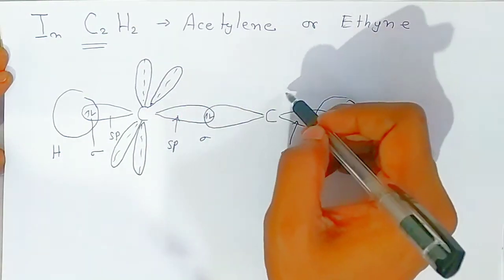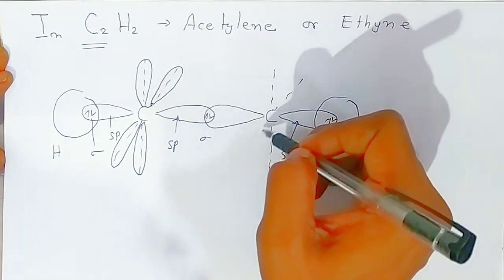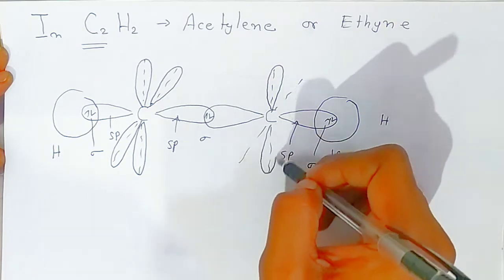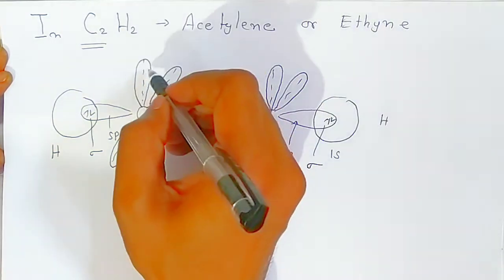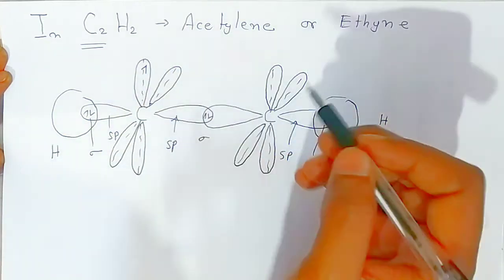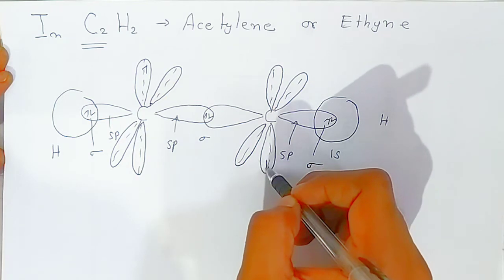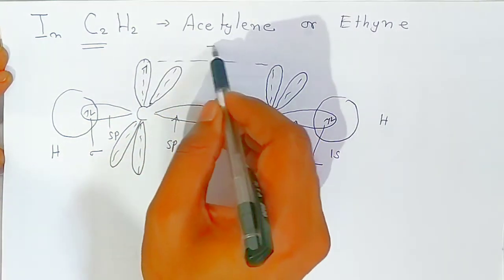The same thing is here also students. You have pure atomic orbitals of carbon. This is on the pz axis and this is py. They all have one electron in the atomic orbitals. The electron cloud will combine with the electrons of this one and they will form the pi bond.